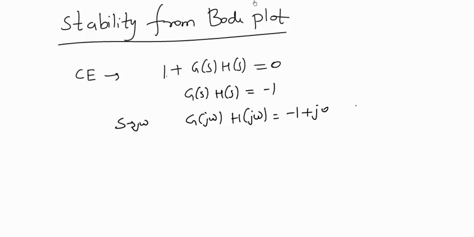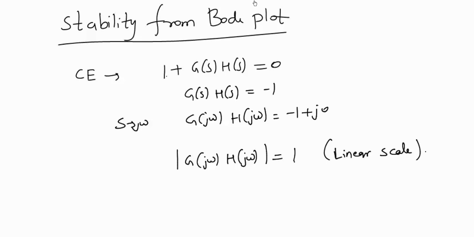Now from this again we'll get the two conditions, as we have done in the previous chapter, root locus. We have already done this. So now if I find the magnitude condition, mod of G of j omega into H of j omega comes out to be 1 in linear scale, and magnitude in dB is 0.